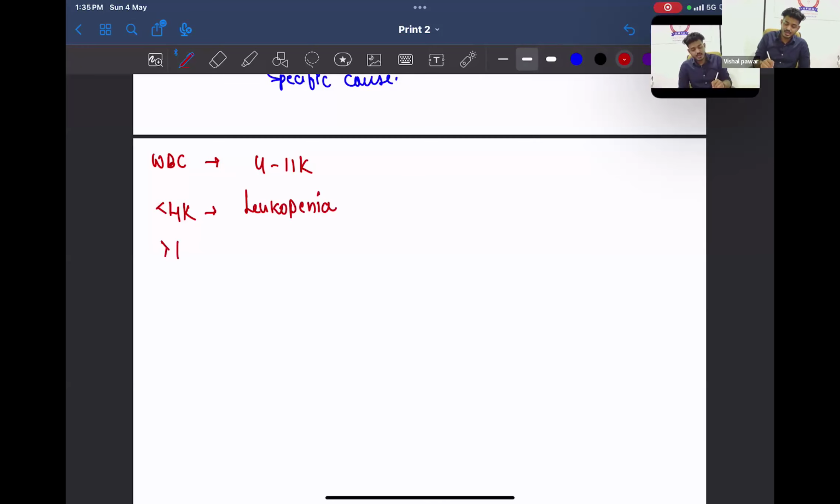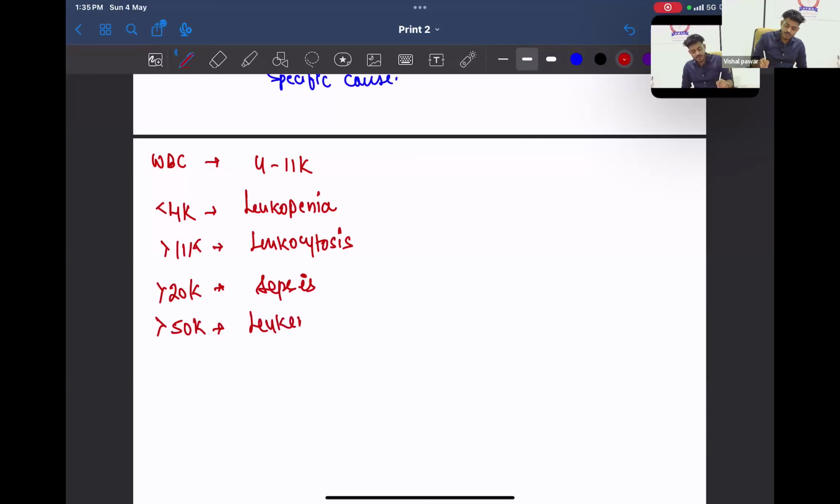Okay. More than 11K is going to be leukocytosis. More than 20K is suggestive of sepsis, blood infection. Okay, infection is there. And more than 50K is suggestive of cancer. This is going to be your leukemia.